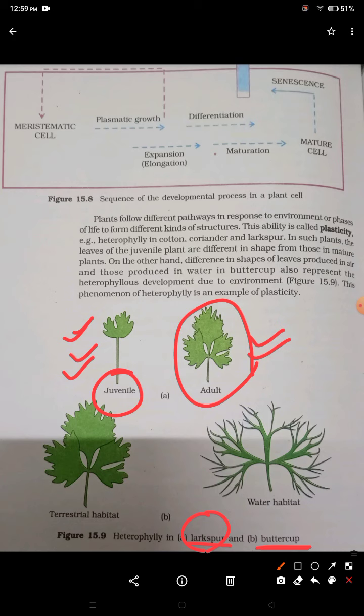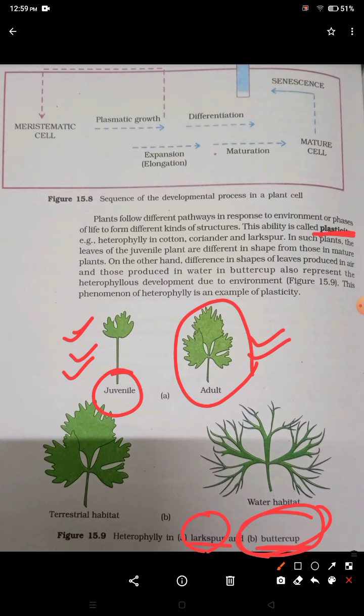Why does this happen? Because plant organs respond to external stimuli or external environmental conditions. The plants show different kinds of structure in different stages of life because they respond to environmental conditions. This is known as plasticity. Similarly in case of buttercup, two types of leaves we can observe.